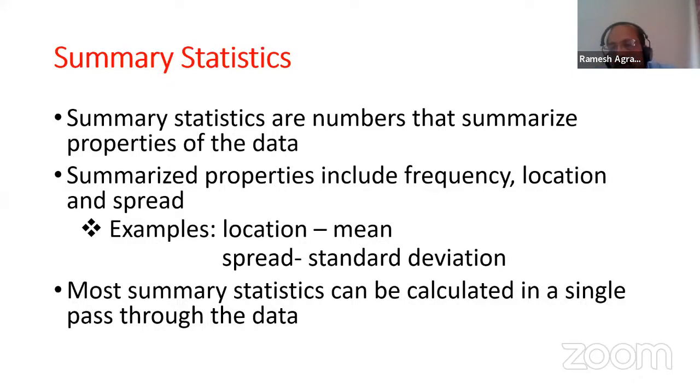Why? Because I can show you an example where you are given two datasets, D1 and D2, and the mean of both is the same. Let's take an example. If I have data 0, 5, 10, what is the average of the three?